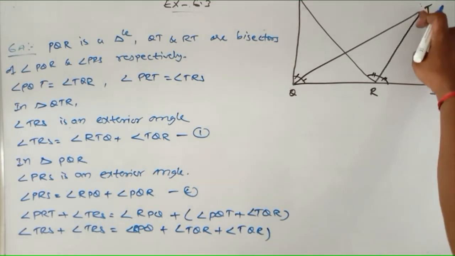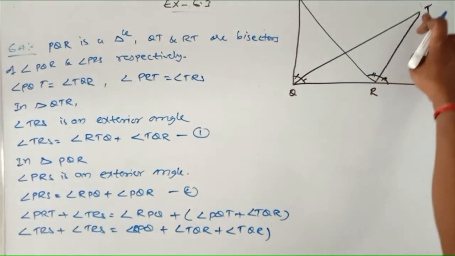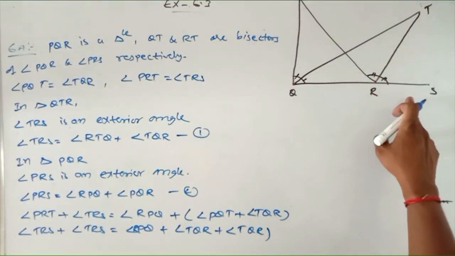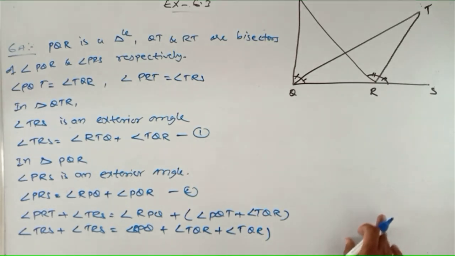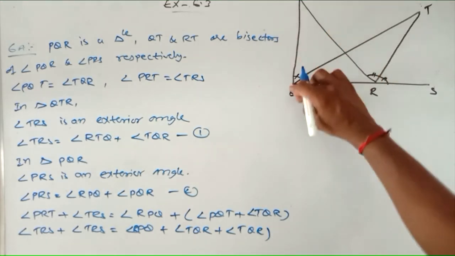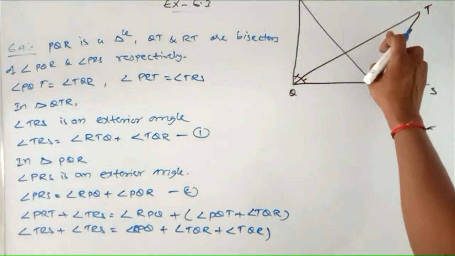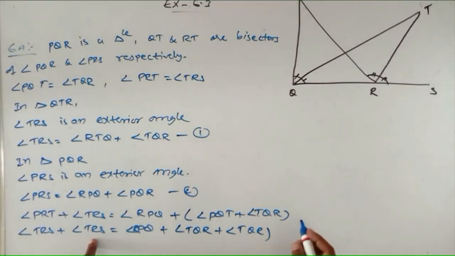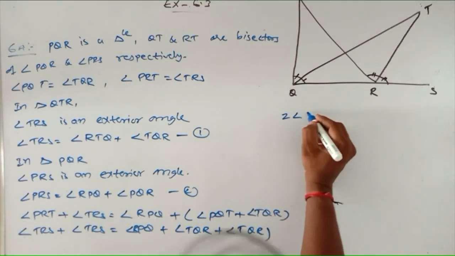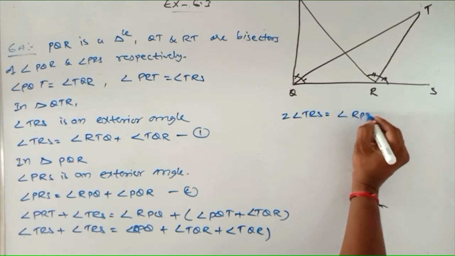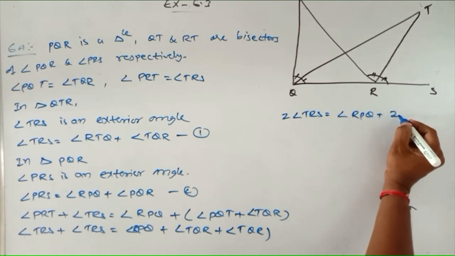Because these are bisectors, wherever PRT is there, I am taking TRS, and in the same way PQT and TQR are equal because it is a bisector. Now TRS plus TRS is 2 TRS. So 2 angle TRS is equal to angle RPQ plus 2 angle TQR.